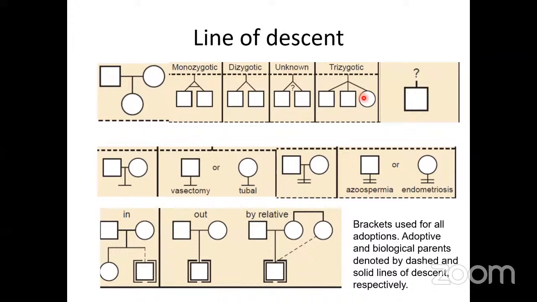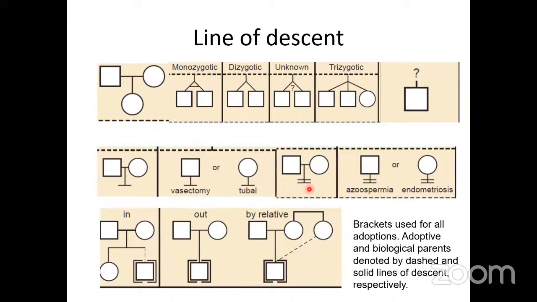This is trizygotic twins. Or if you don't know the parents, then you should just write a line of descent and a question mark. Now, if the family is completed, or if there are no children, you should write a horizontal line after the line of descent. If vasectomy is done, then you should write an inverted T below the husband, and an inverted T below the wife if it is a tubal contraception, permanent contraception.